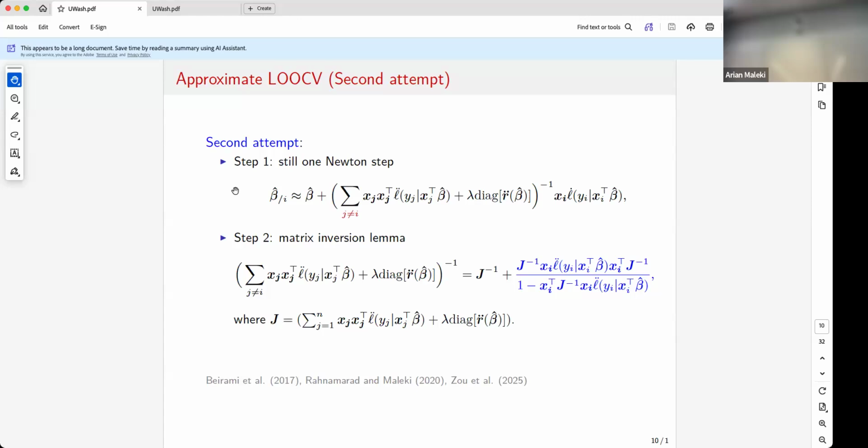The second step has no approximation anymore. But for the first step, we still suggest that we do one step and we stop. The question is whether this one step calculation is accurate enough in the high dimensional setting. In the low dimensional setting, Stone proved that one step should be sufficient. In high dimension, yes, please.